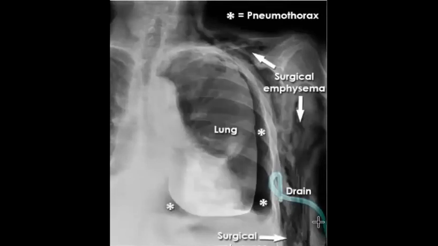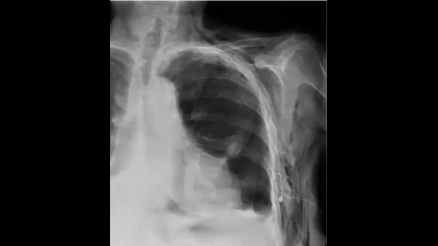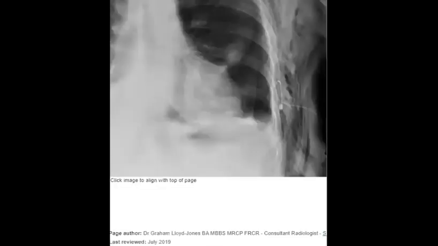Yeah, you can recognize the drain now. So what did he do for this patient? Yeah, it was in the chest, and it caused surgical emphysema. And you can also see more easily the pneumothorax and pneumomediastinum. Yes, perfect.